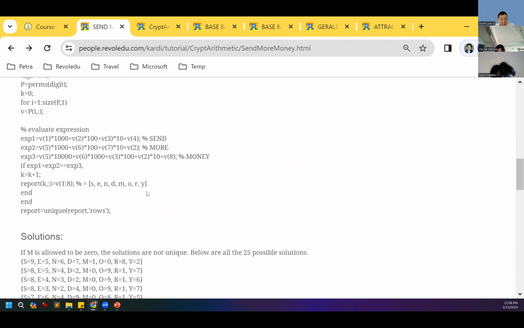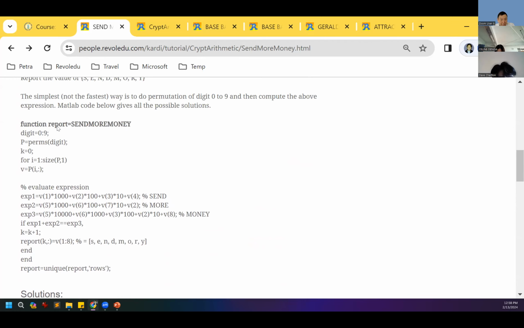So this code I made using MATLAB. You can also do it in Python if you want. Practically, you do it using discrete math.